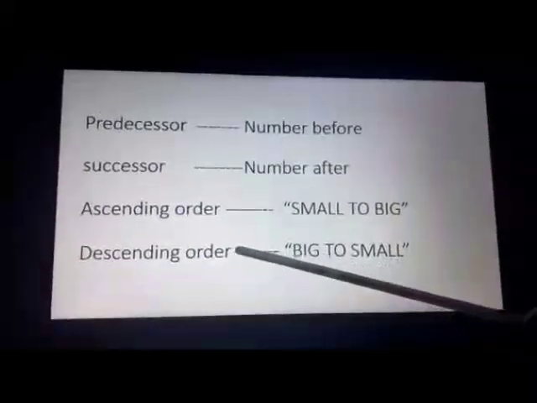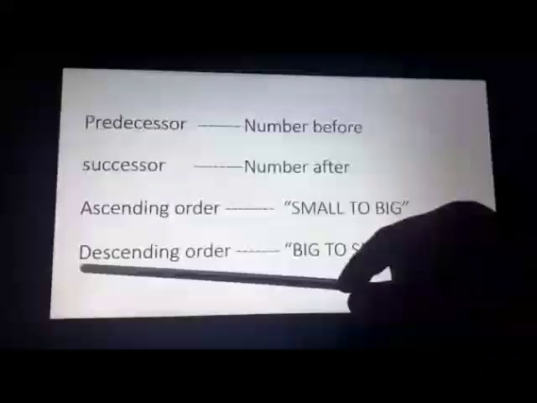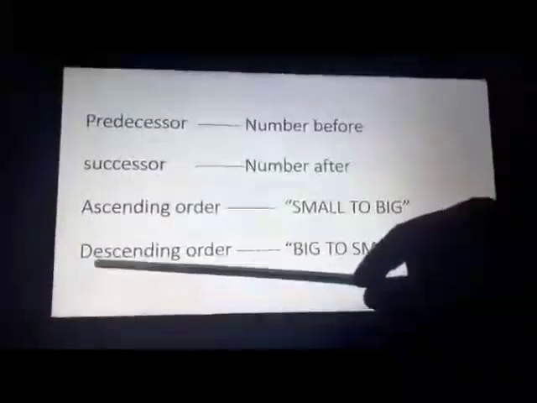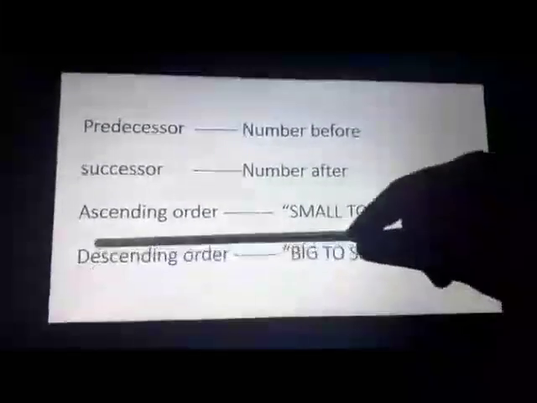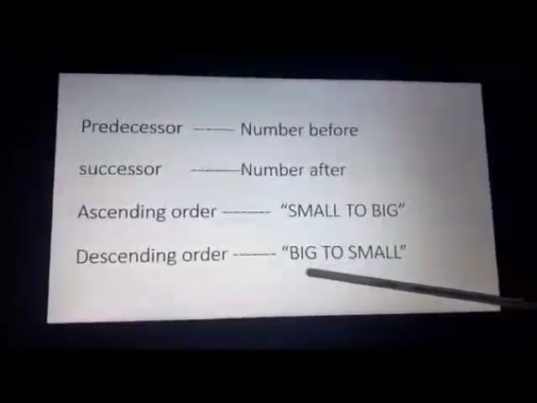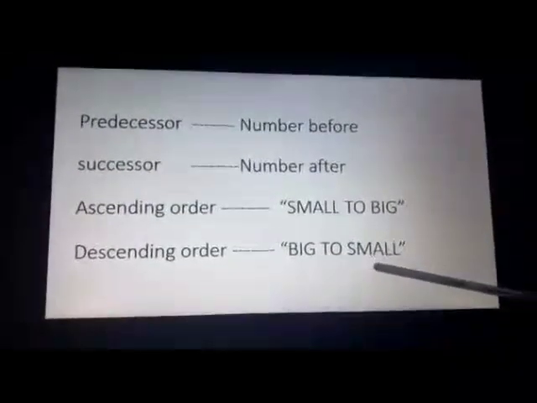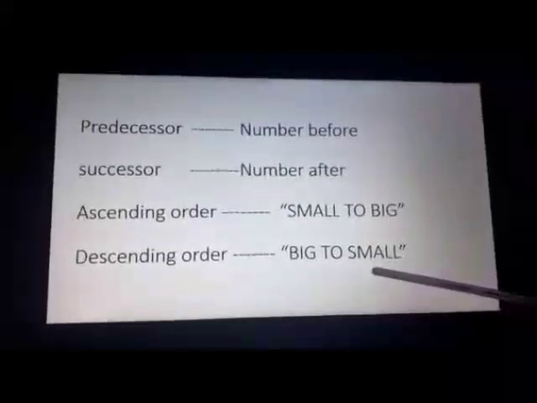Ascending, descending: here is again a confusing concept. One hint I would give you, children: descending, D means down. So when we go down from bigger steps to lower steps, that means a bigger number to a smaller number.